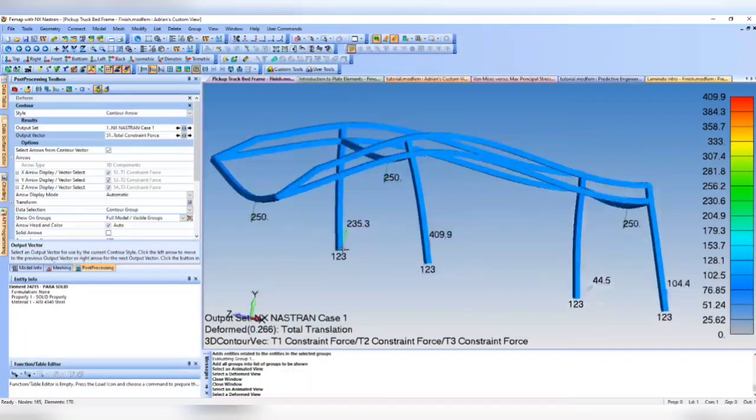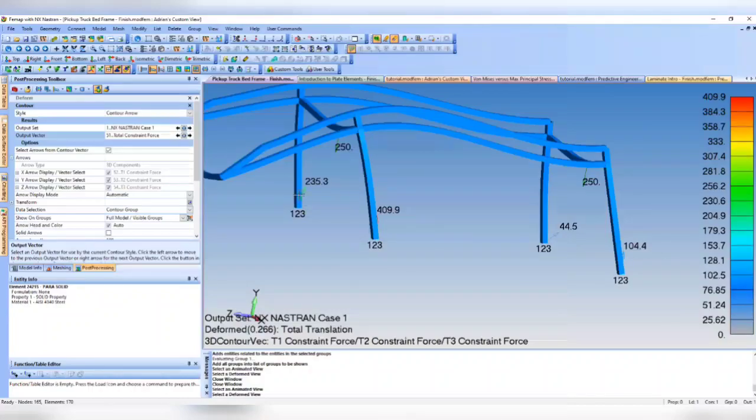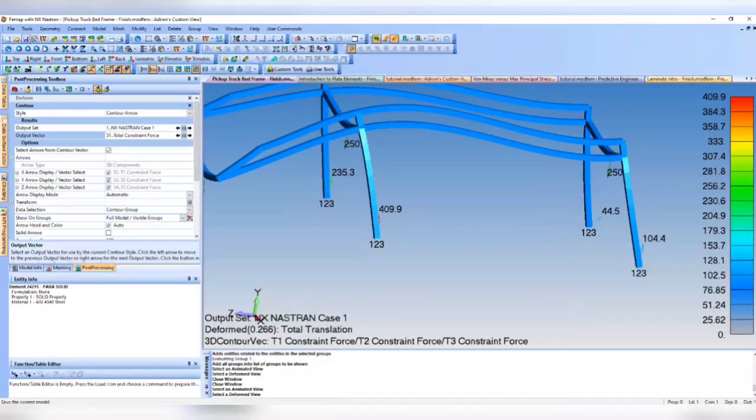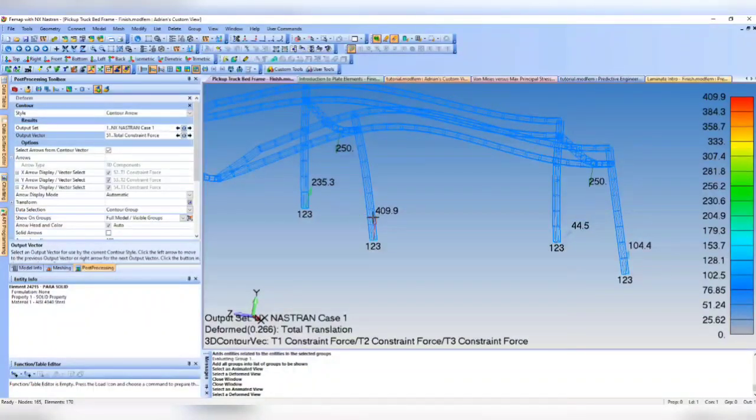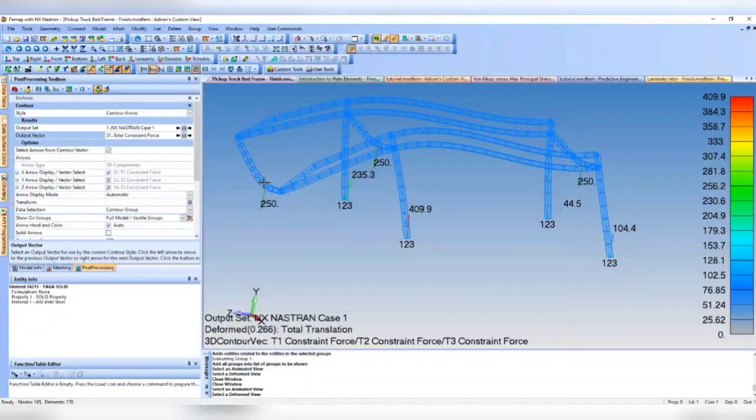Recall we had constraints at these 4 points here, and these arrows that you see, I know they're not very easy to see. Maybe I'll turn on wireframe. What you see here are basically the constraint forces, basically your reaction forces based off these green arrows being applied at the top. It's basically showing how your system is reacting.